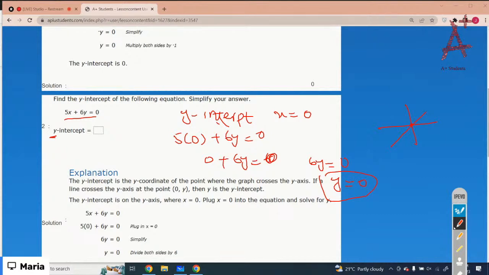Okay, let's just learn what are the equations of horizontal and vertical lines.